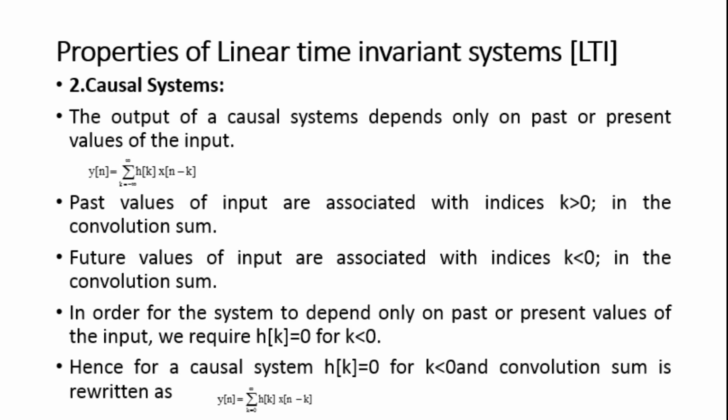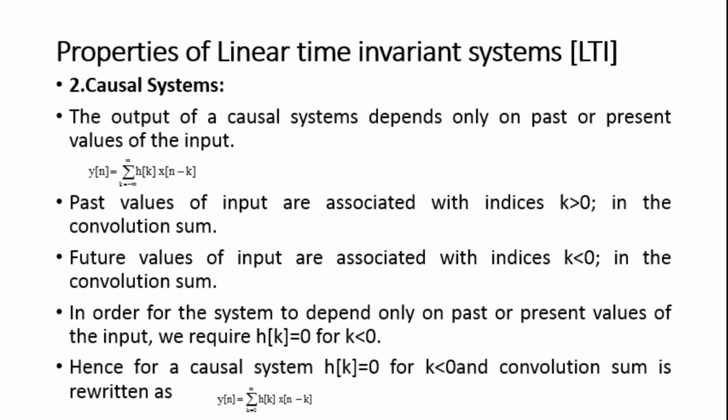Next, we are going to discuss causal systems. The output of a causal system depends only on past or present values of the input. y[n] = summation over k from -∞ to ∞ of h[k] x[n − k].